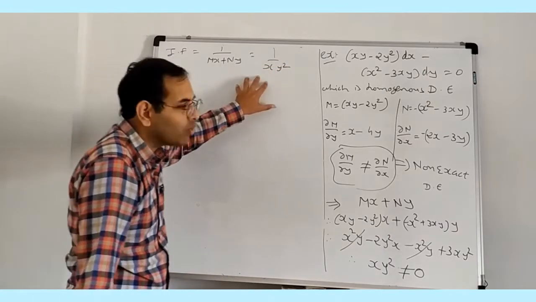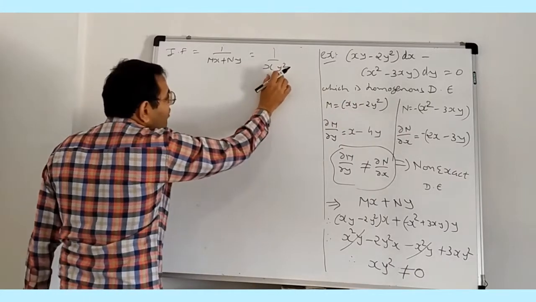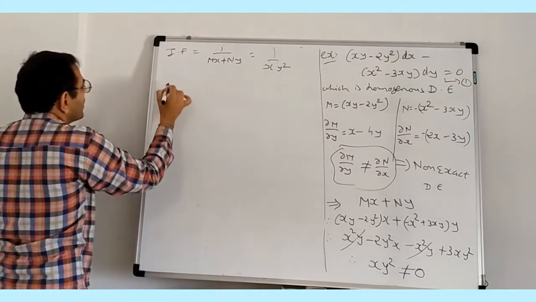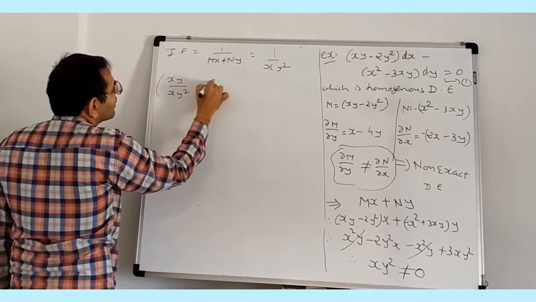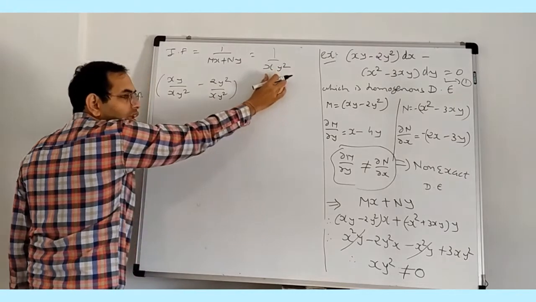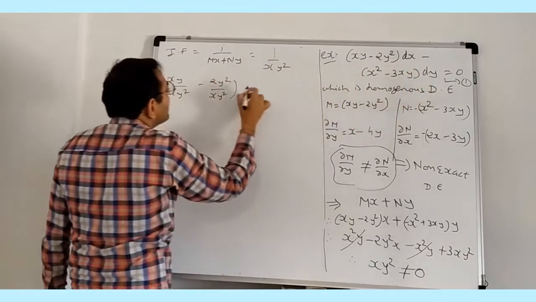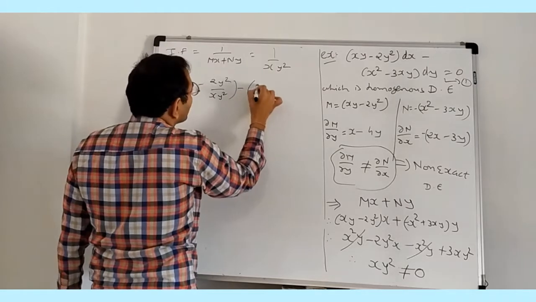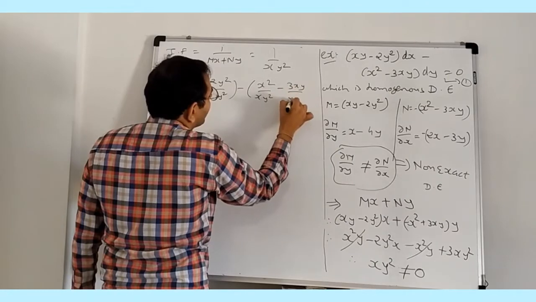Then, to convert the non-exact differential equation to an exact differential equation, we multiply our given differential equation with the IF. Whatever integrating factor we get in all four cases, we multiply with our given differential equation, then we get our exact form.